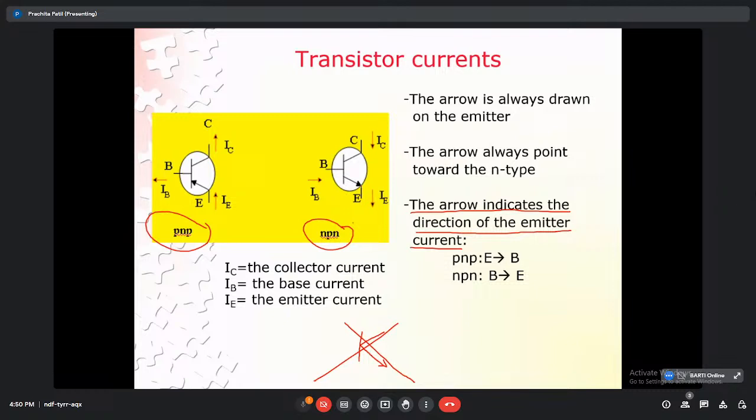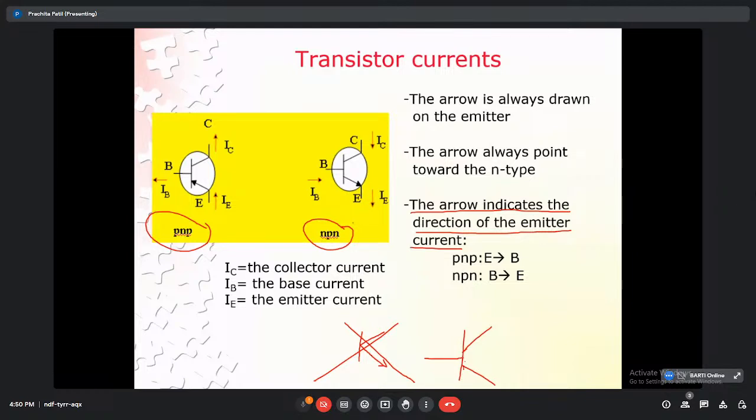Here you can see the emitter current, how it passes. You can also see the emitter current is moving towards the base. So in that way, we must remember so that we do not make a mistake while drawing the symbol. This is the correct symbol. Whether you make the round circle or not, that is okay, that is not required, but you have to draw the correct symbol like that.